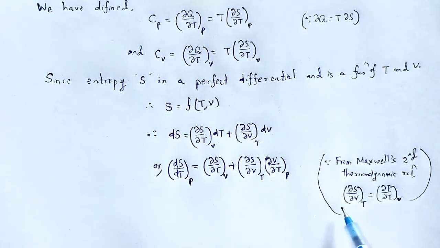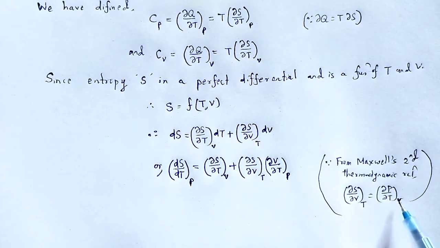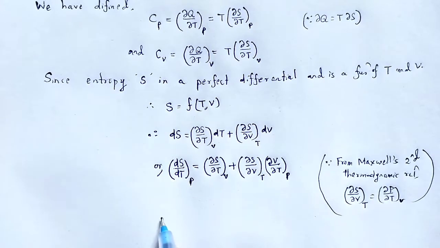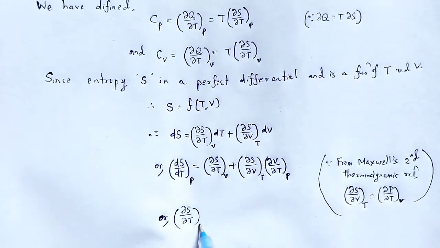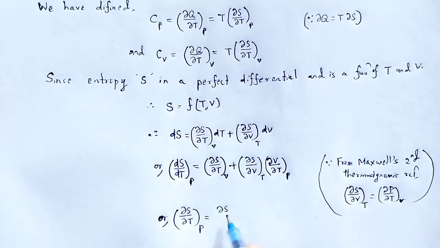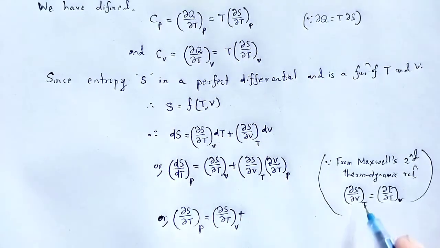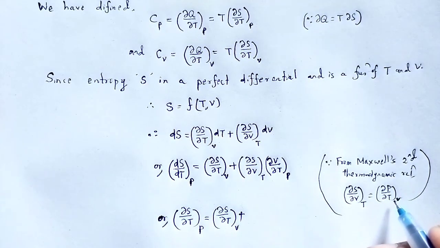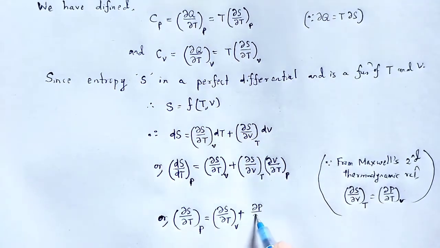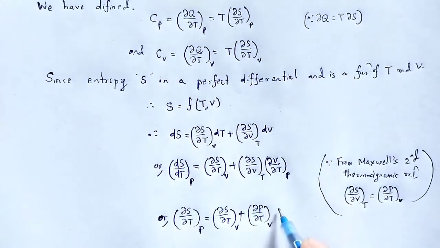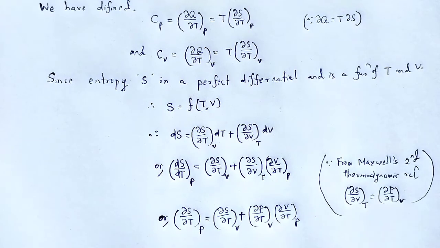So in place of del S by del V at constant temperature, we write del P by del T at constant volume. So that equation changes to del S by del T at constant pressure is equal to del S by del T at constant volume plus del P by del T at constant volume into del V by del T at constant pressure.